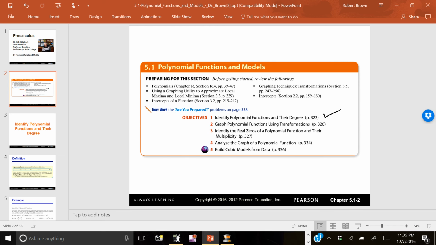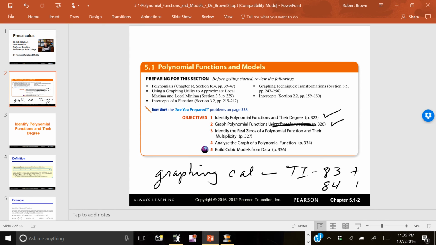Then we're going to place a great deal of emphasis on graphing polynomial functions, but we're not going to rely on transformations. We're going to use a graphing calculator. And in this case, I would encourage you to use an equivalent TI-83, 84, or the plus models of these calculators.